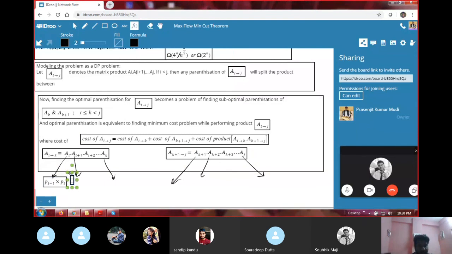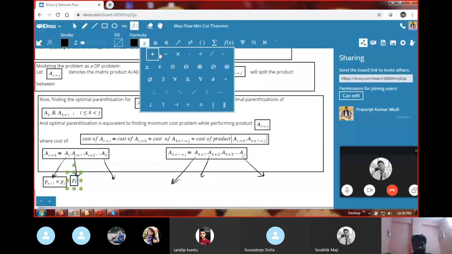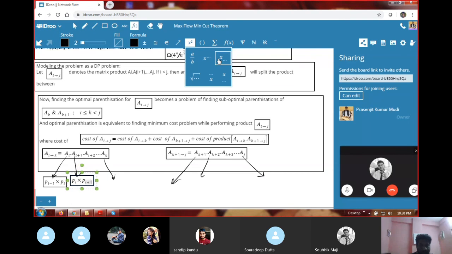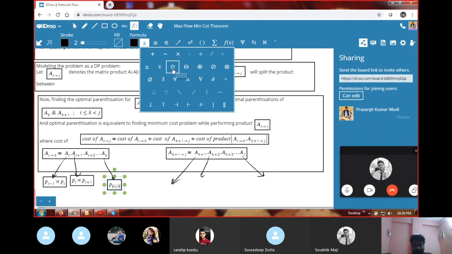Similarly, the dimension of A_i+1 is p_i cross p_i+1. Similarly, we have the dimension of A_k as p_k-1 cross p_k. If you are having any problem understanding, please ping me.